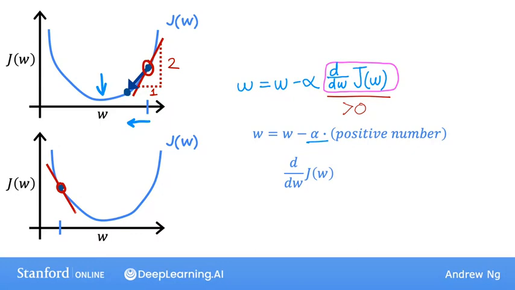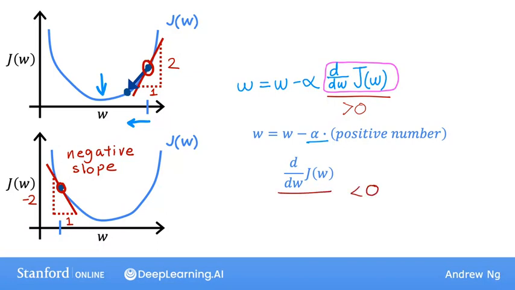But this tangent line is sloping down and to the right. And so this line has a negative slope. In other words, the derivative of J at this point is a negative number. For instance, if you draw a triangle, the height is -2 and the width is 1. So the slope is -2 divided by 1, which is -2, a negative number.